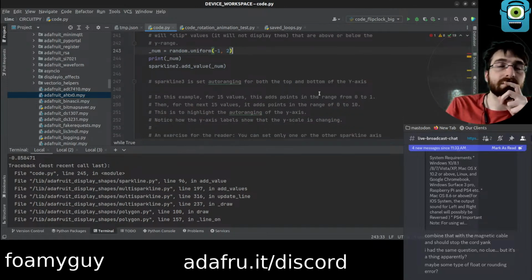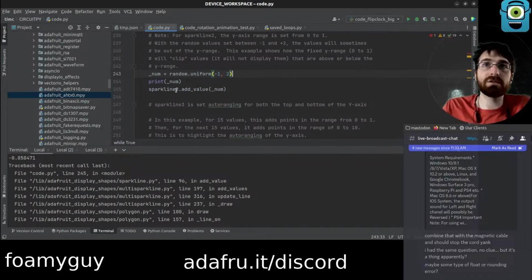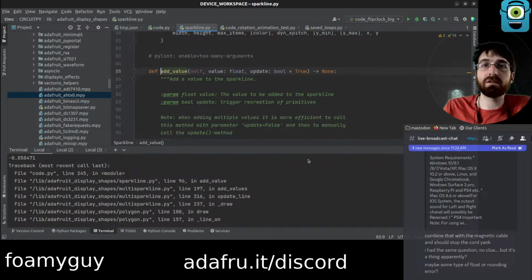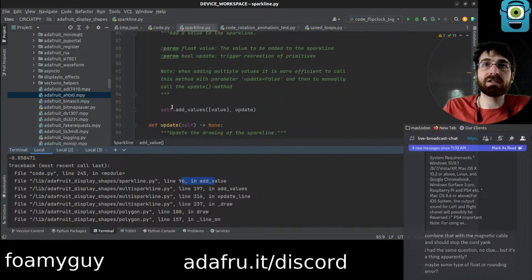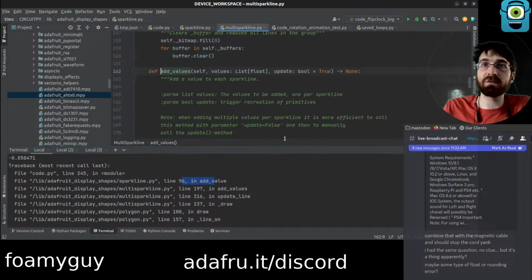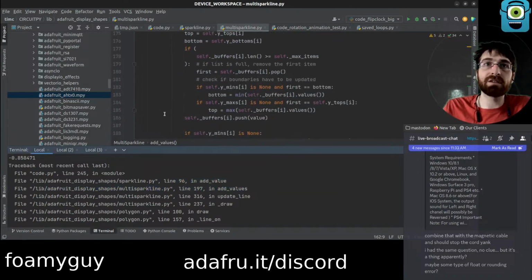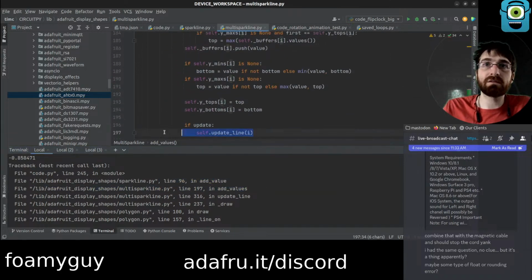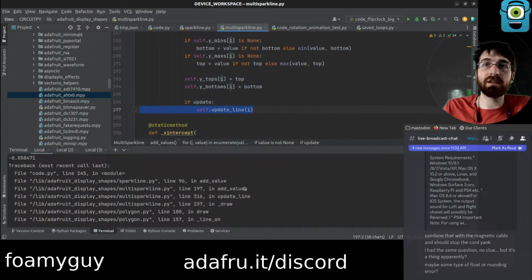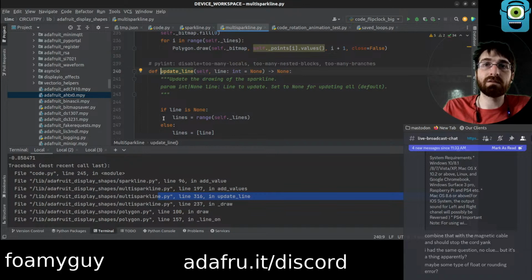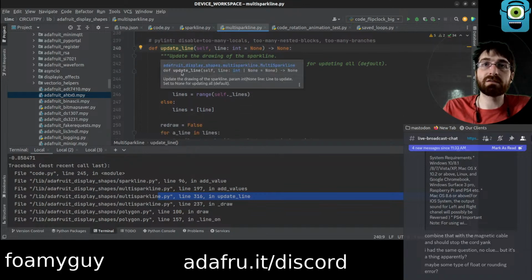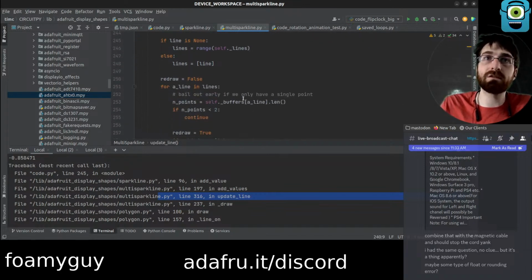That's what I'm thinking. So we are inside of here. 96, which is basically just calling up to the multi-one, add values. 197. And we call update lines. 316.